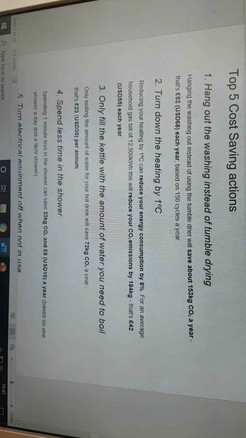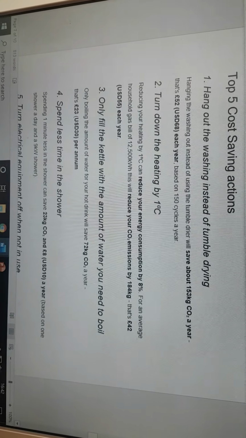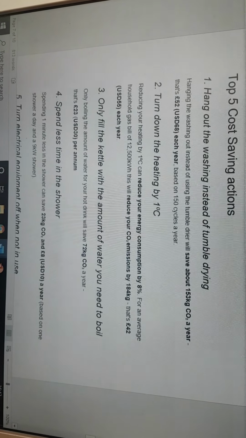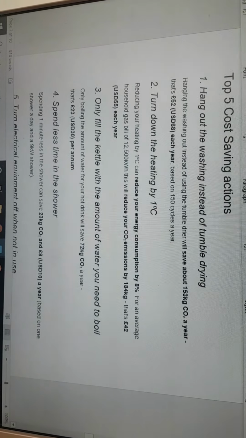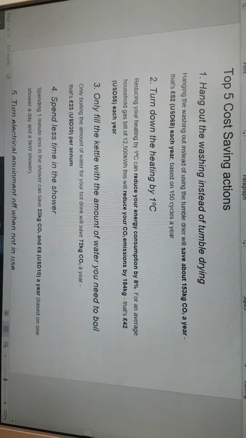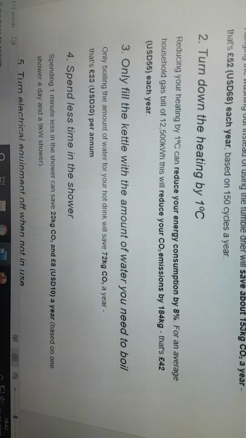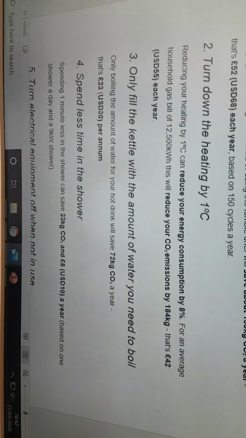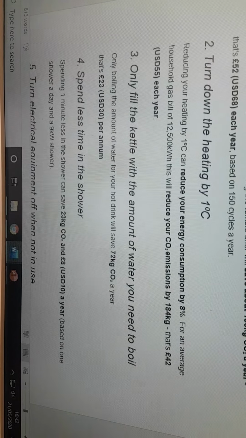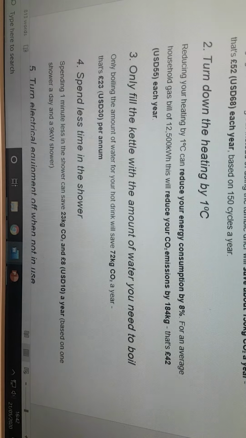What can you do? As I say, if you really care about the problem and you really care about the future of the planet, polar bears, etc., there are several things you can do. Don't put your clothes in a tumble dryer. Reduce your heating. I remember reading a while ago that the average thermostat in this country used to be at 17 degrees 30 years ago.